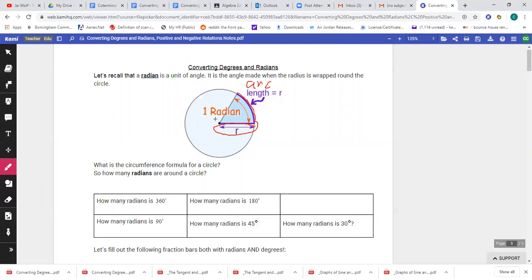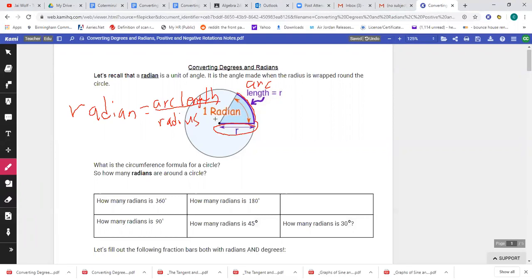So actually here, a radian is actually equal to the arc length divided by the radius. Okay?